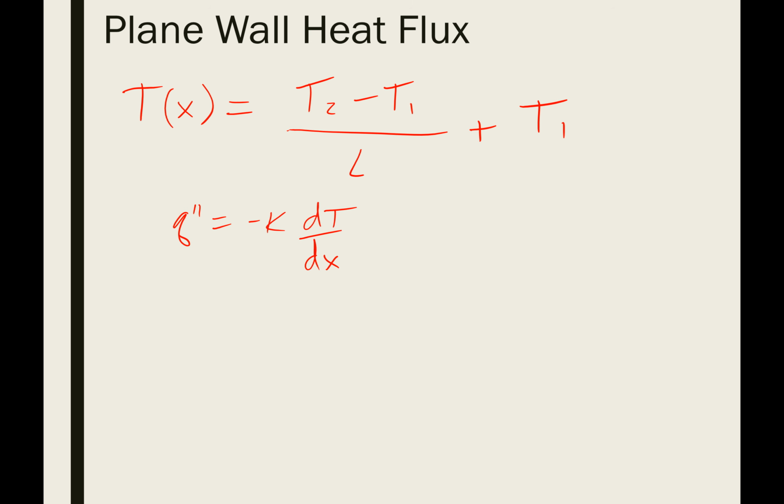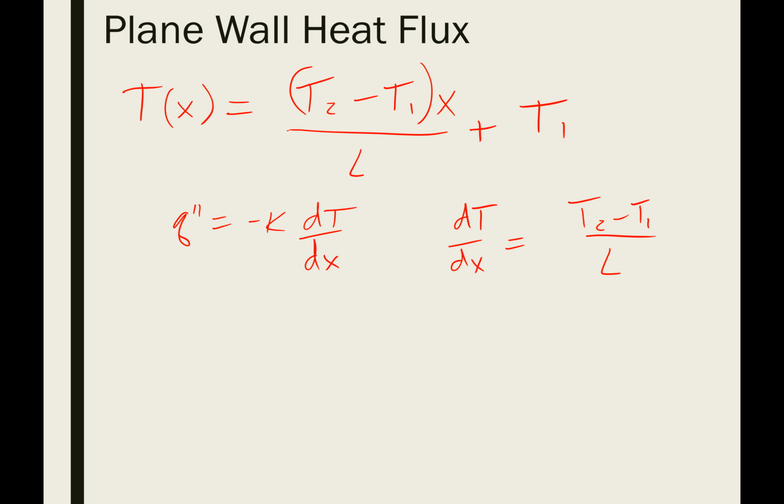Okay, and I screwed this up because I didn't put an x in here. Our flux would be, we just take the derivative of our equation with respect to x to get our flux. So what's the derivative of our temperature with respect to x? Yeah, so that is T2 minus T1 over L. That's a constant, right?